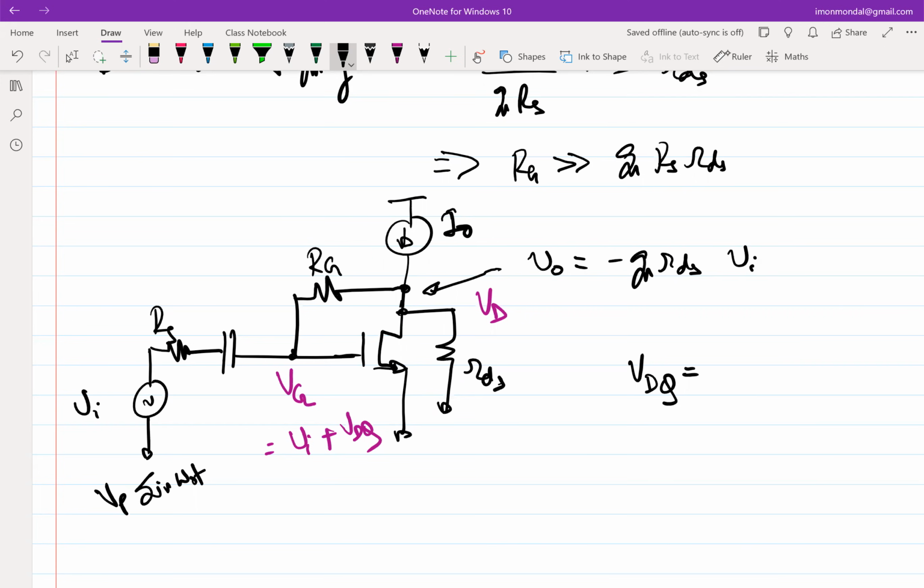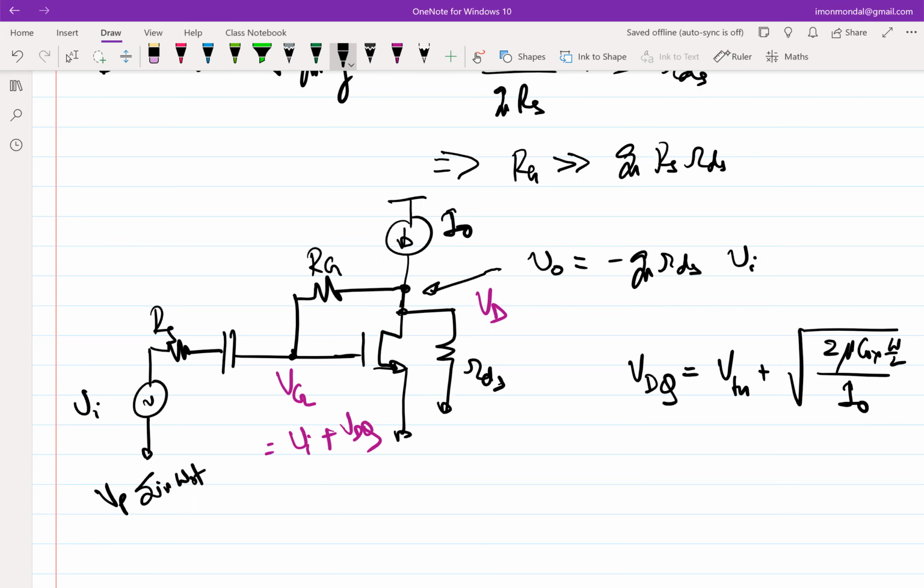And obviously I naught is also known because you have used it to bias. If I ask you what is VDQ, how will you approach it? Yeah, so it's basically the good old saturation equation expressed in a different format: threshold voltage plus under root 2 I naught by mu Cox W by L.